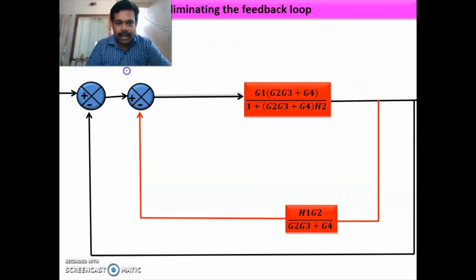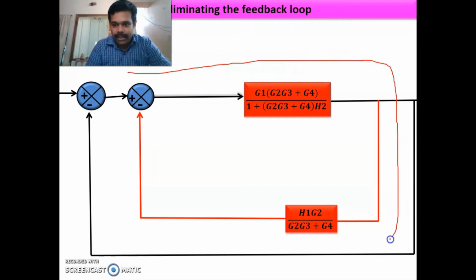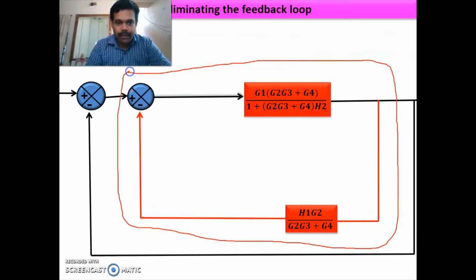Now again you have one feedback loop. What type of feedback is it? Negative feedback, so its equivalent is G divided by 1 plus GH. What is G here?